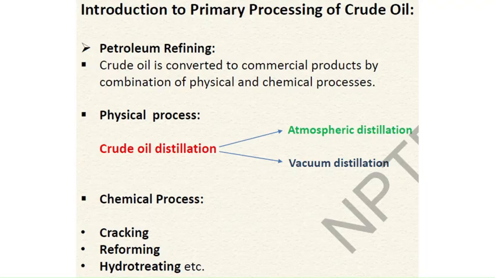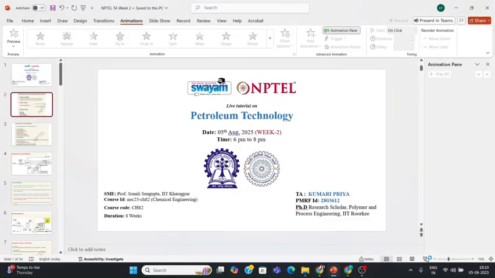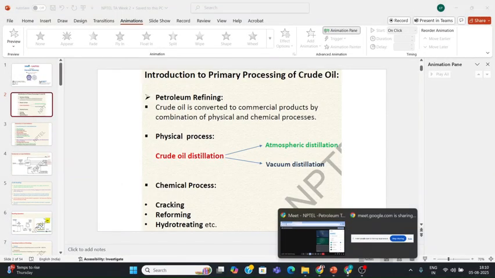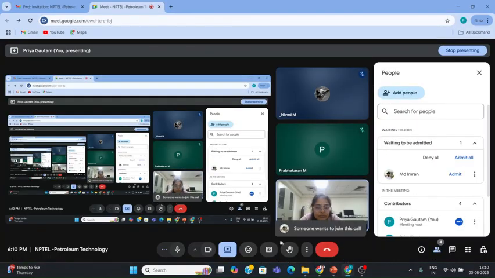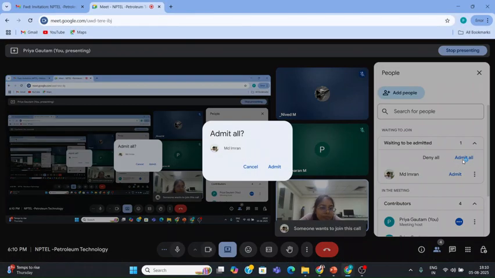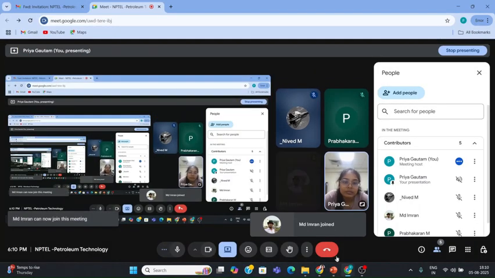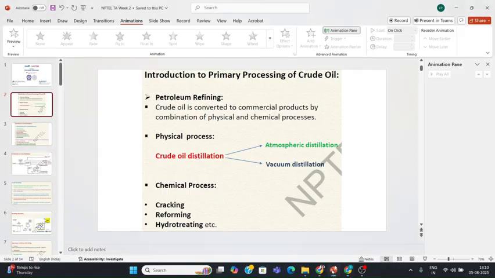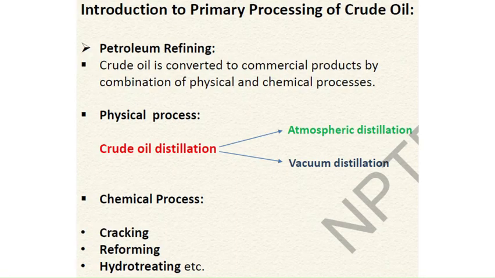In today's class, we will be focusing mainly on the physical processes. Crude oil has two ways of processing in a physical process.